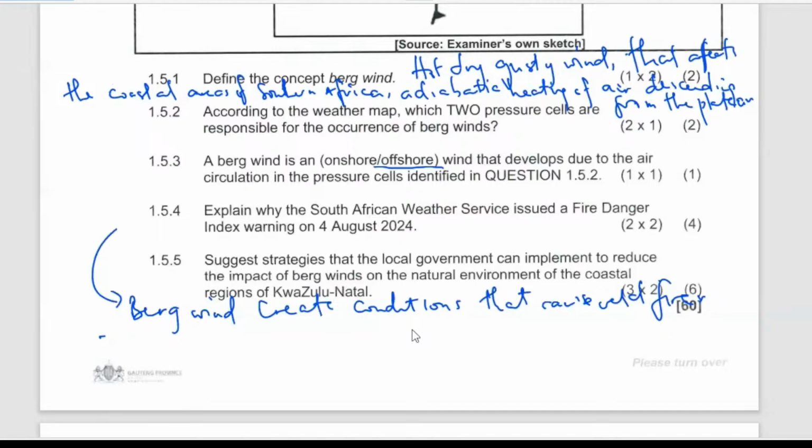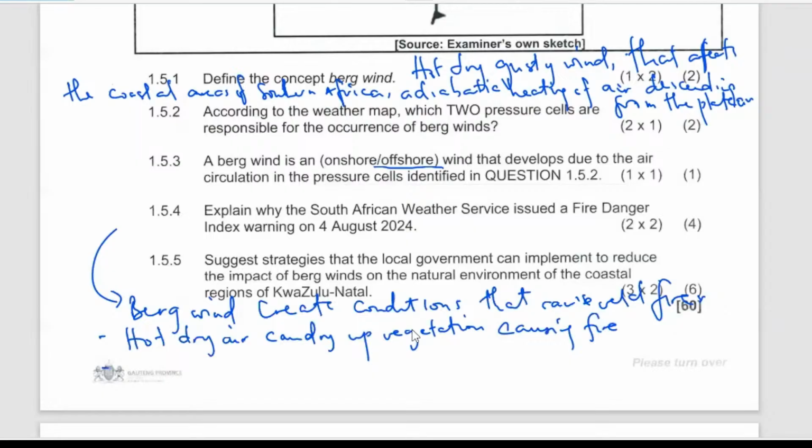For example, it has hot, dry air. How does it facilitate fires? It can dry up vegetation, and as vegetation dries, that is likely to cause fire.